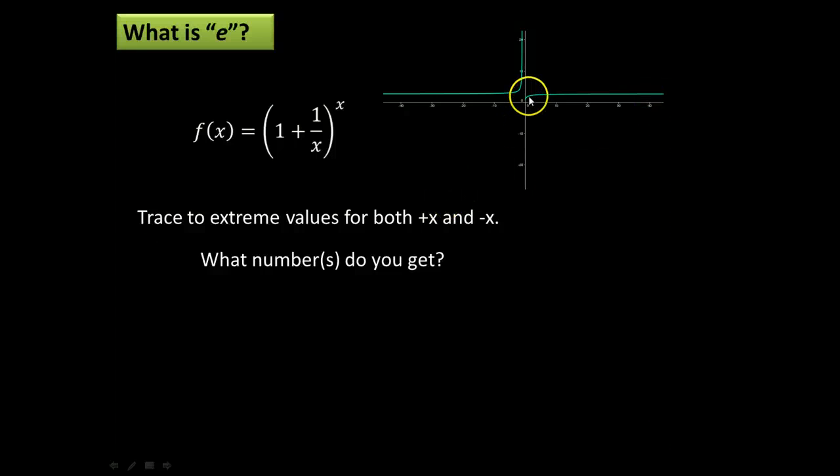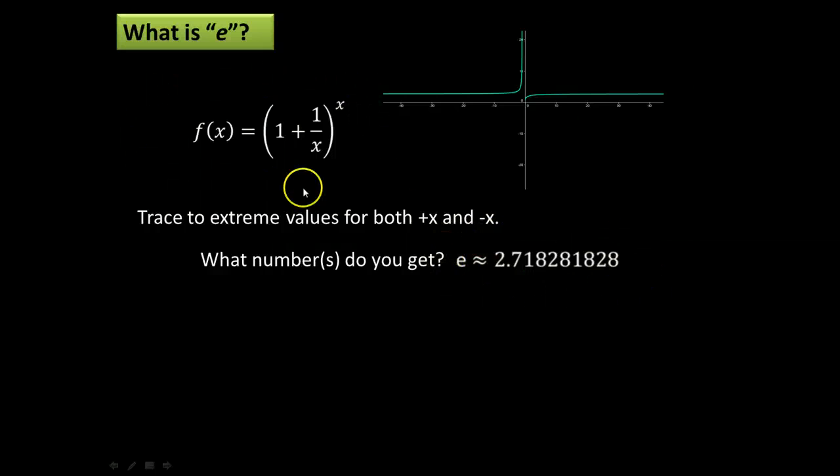If you put a tracer on it, eventually as you went out this way and got larger and larger for x, or if we traced this way and got smaller and smaller, you're going to see the y value, it looks like we have a horizontal asymptote here, is this number, 2.718281828, etc. And that is the number that we use as e.